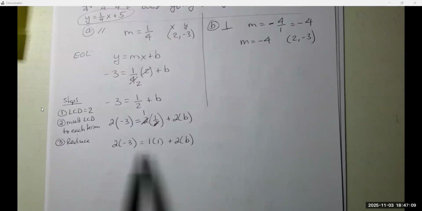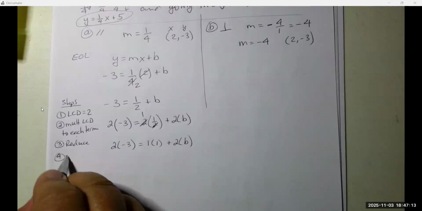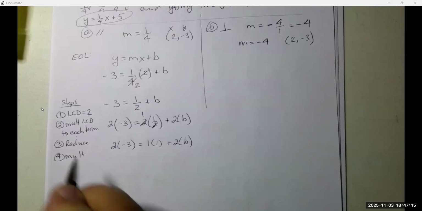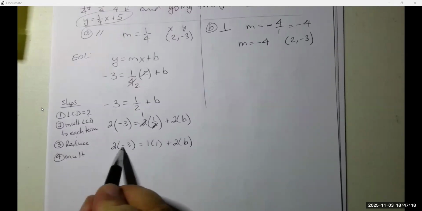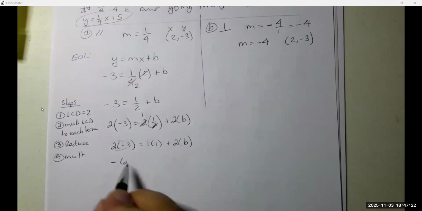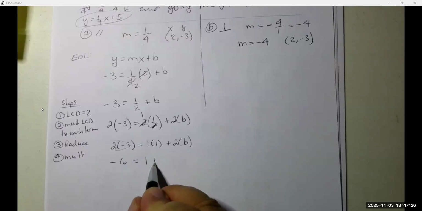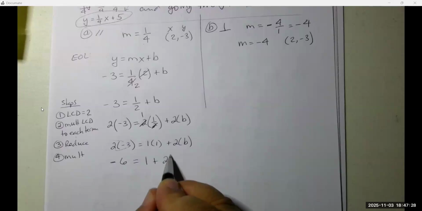It's a lot easier to work with this one since there are no more fractions. Multiply to get rid of the parentheses. Positive times negative is negative. 2 times 3 is 6. 1 times 1 is 1. 2 times b is 2b.